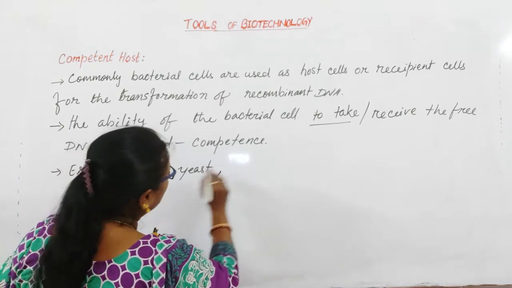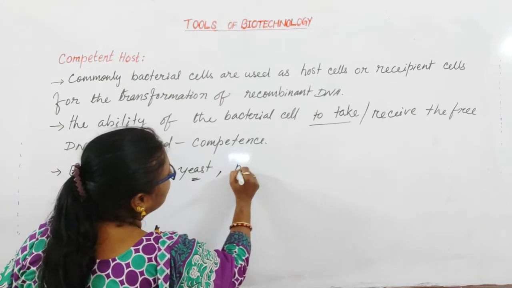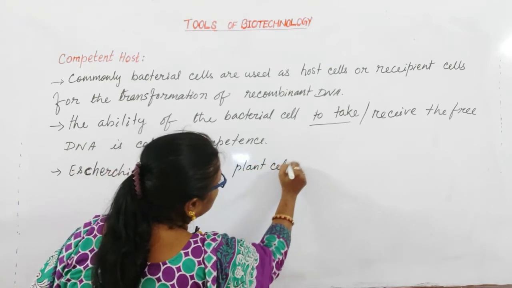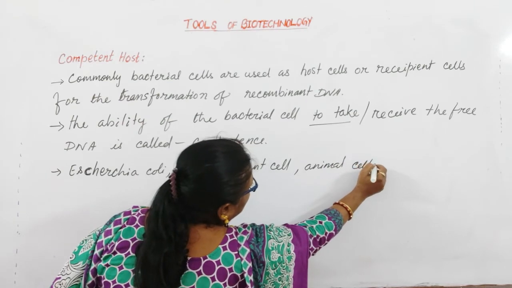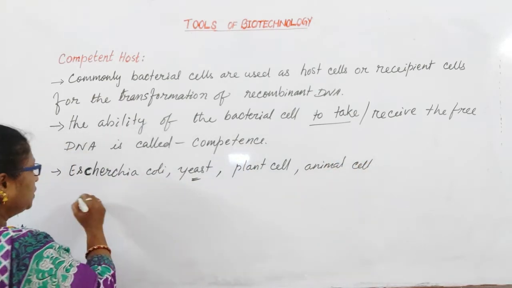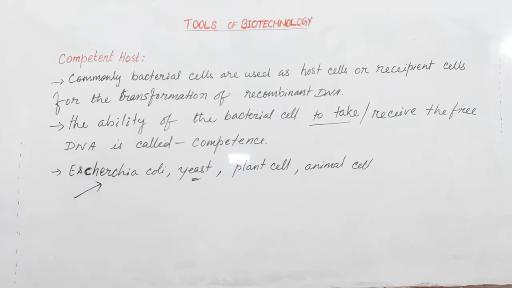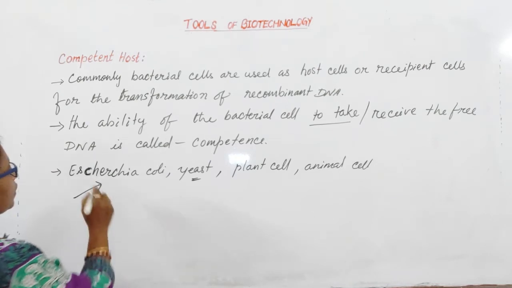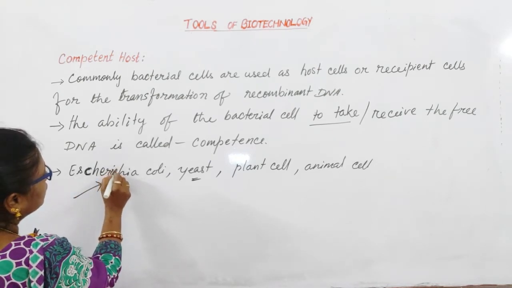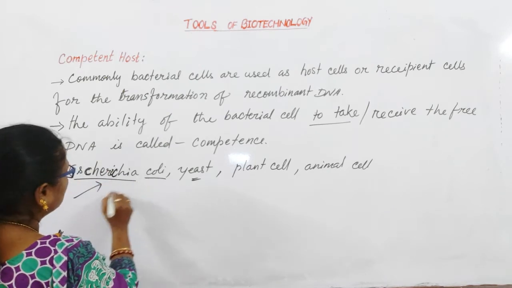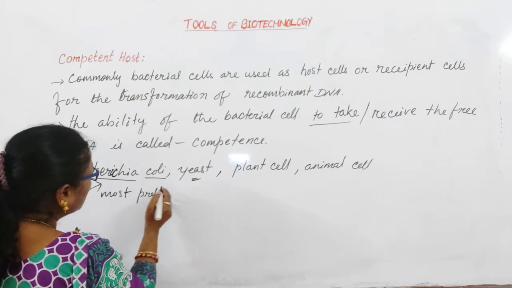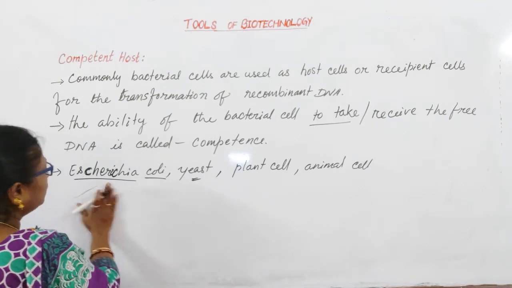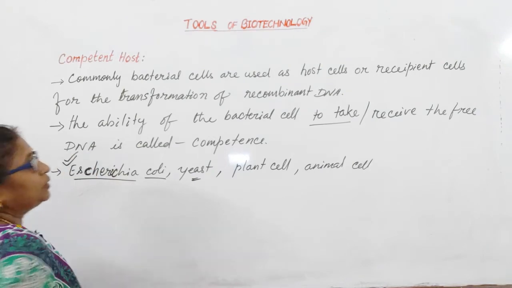Bacteria are prokaryotic, yeast and plant and animal cells are eukaryotic. The most commonly used, most preferred one is Escherichia coli.